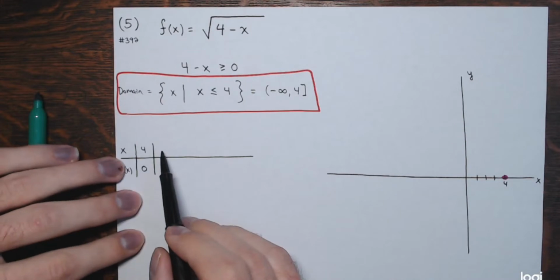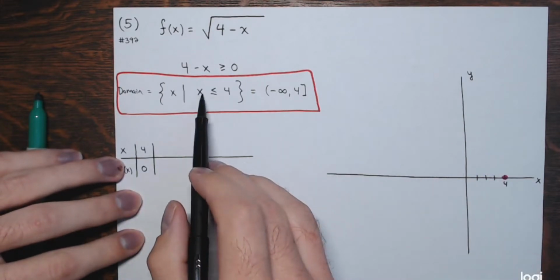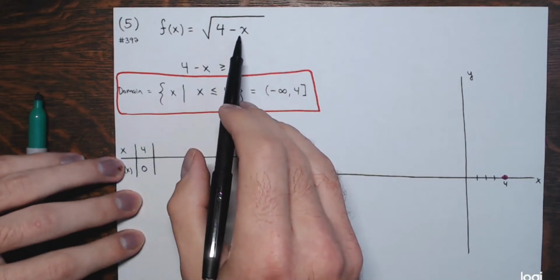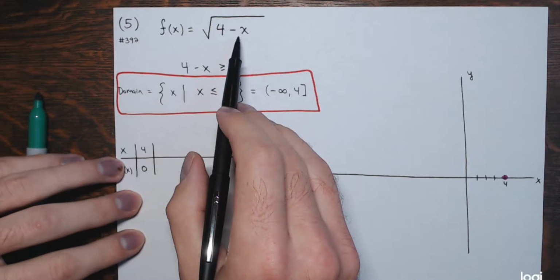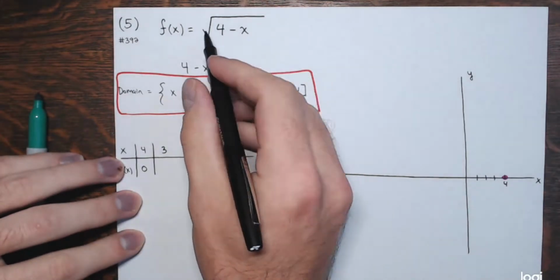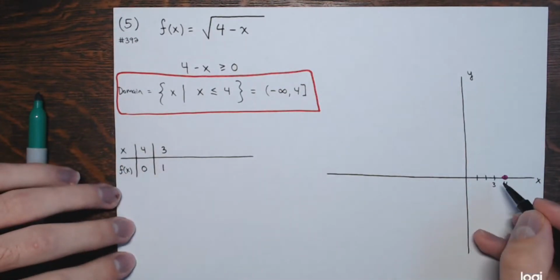Now I can't plug in 5 or 6 or 7. Again, we have to go left here. We have to plug in values 4 or less. And I'm going to pick values of x so that I get perfect squares in here. So 3, right? If x were 3, 4 minus 3 is 1, square root of 1 is 1. So input 3, output 1.